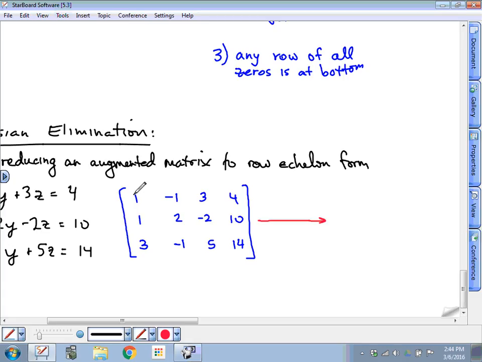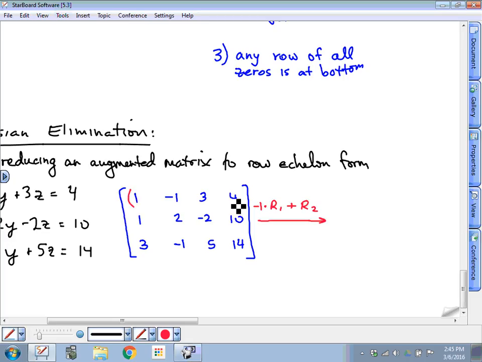So what I'm going to do is multiply row 1 by negative 1. And again, these are not just random row operations. I'm going to multiply row 1 by negative 1, and then add that to row 2. What's the purpose of that?